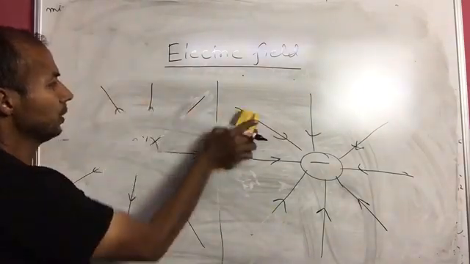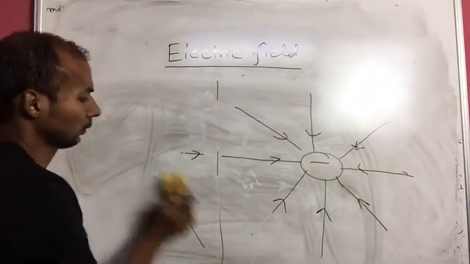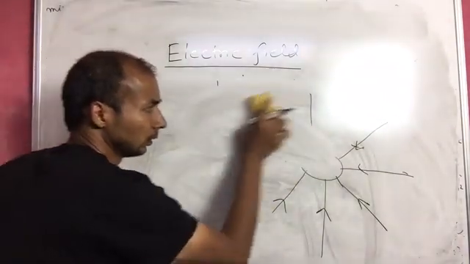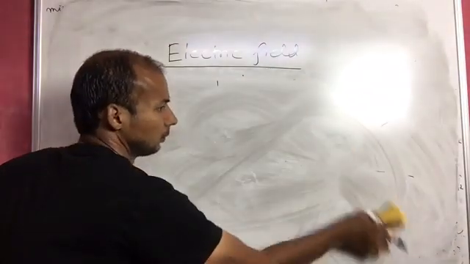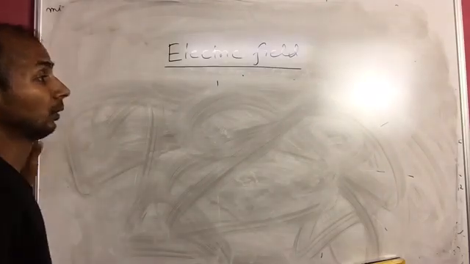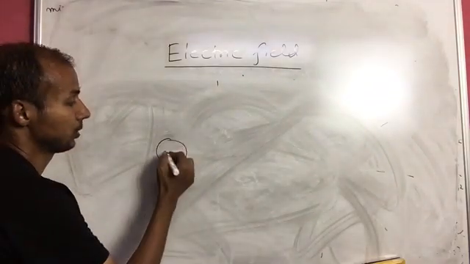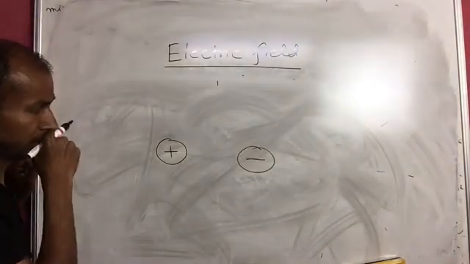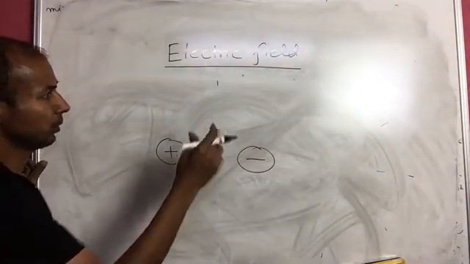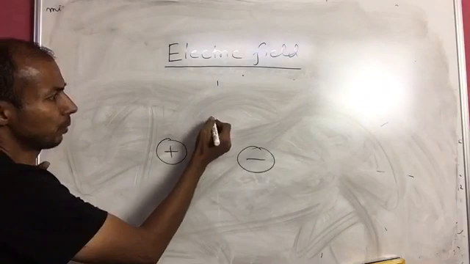Now let us say, when you have more than one charge. What if there is a positive charge and next to it there is a negative charge? Now how will you know the direction of electric field? Very simple, choose any point you want. Let us say you choose this point. Okay.